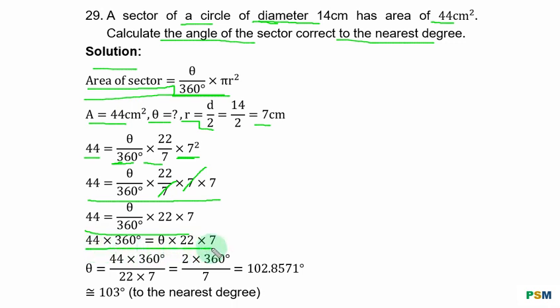You have this result. To get theta, divide both sides by the product of 22 and 7. You have this result, followed by this and this. After multiplication and division, to the nearest degree, the angle of the sector is approximately equal to 103 degrees.